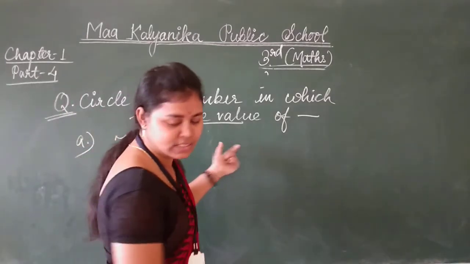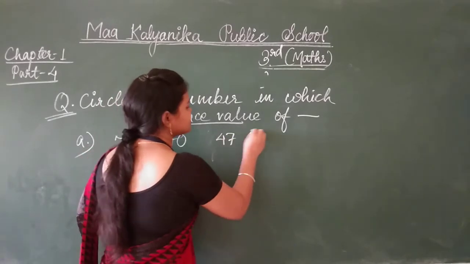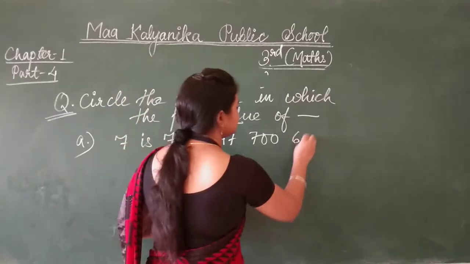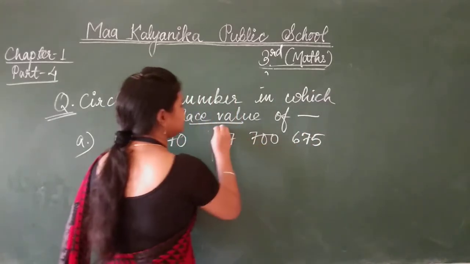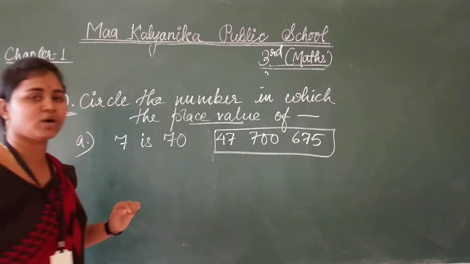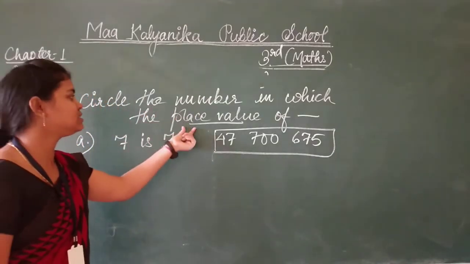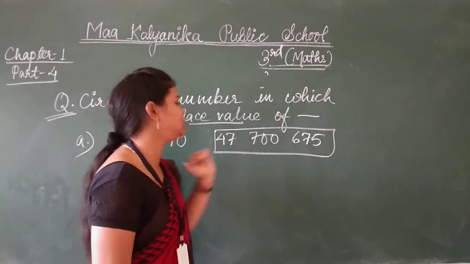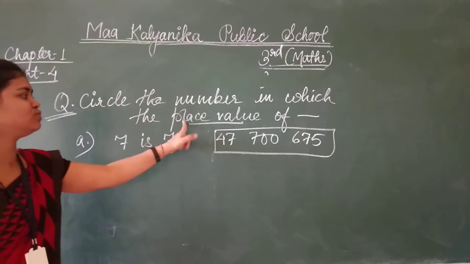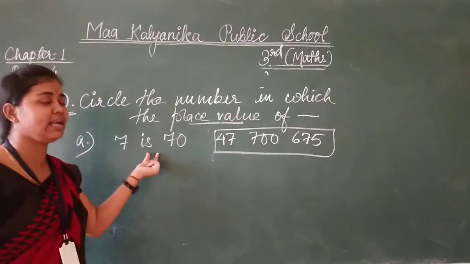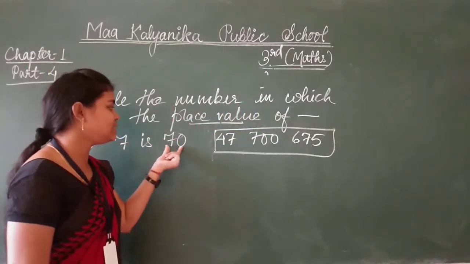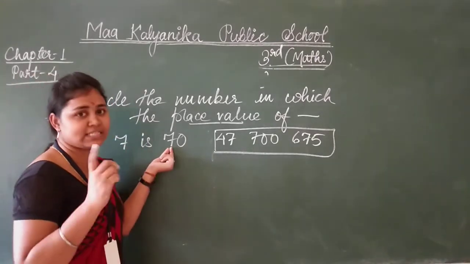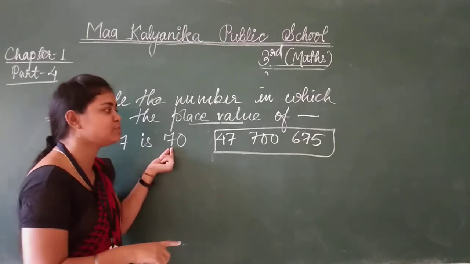From the given numbers like 47, 700, and I am taking 675, for example, see this box. You have to select one number from these three numbers in which the place value of 7 is 70. The place value of 7 is 70 means the tens place is 7.